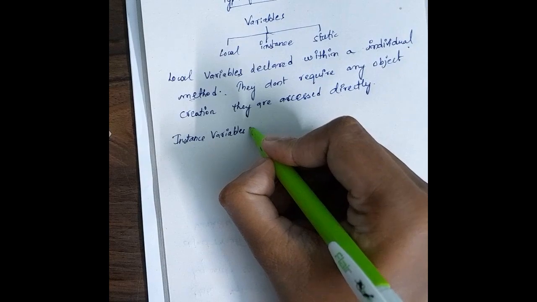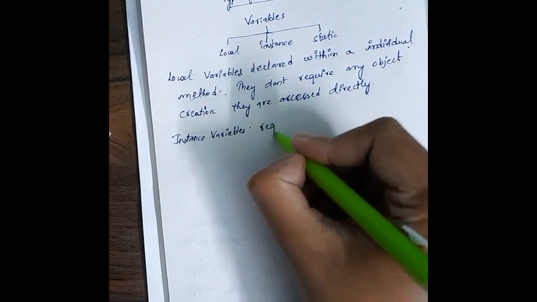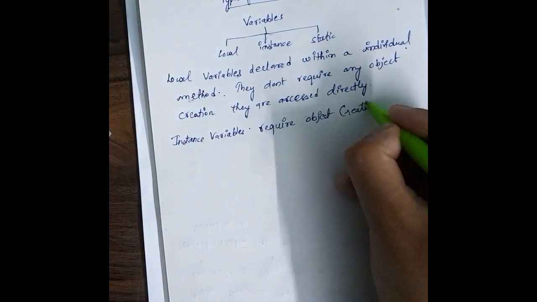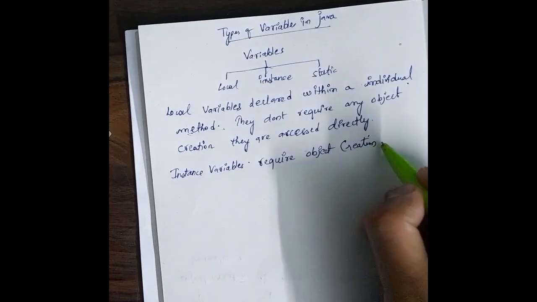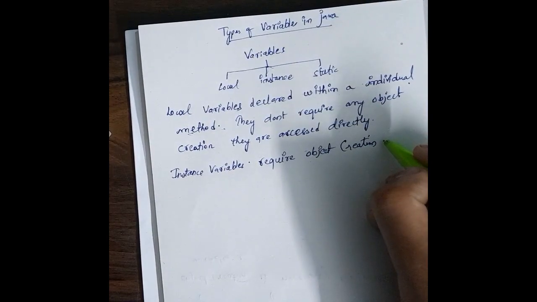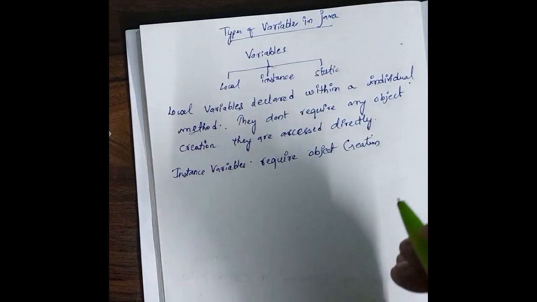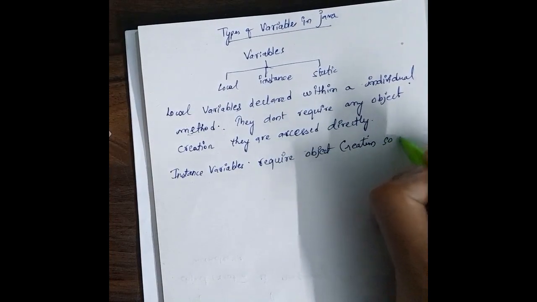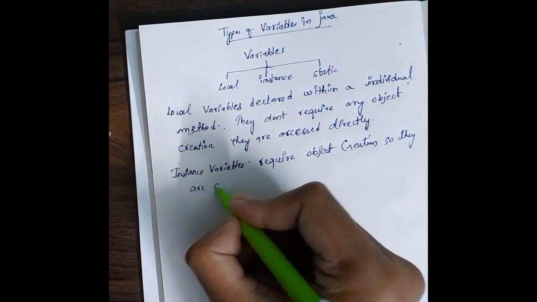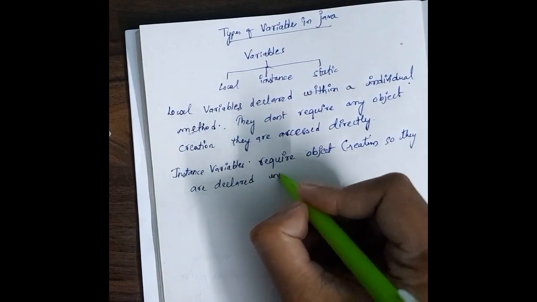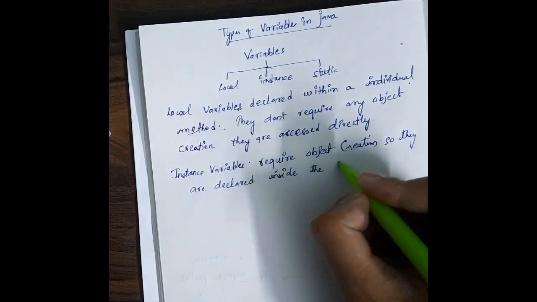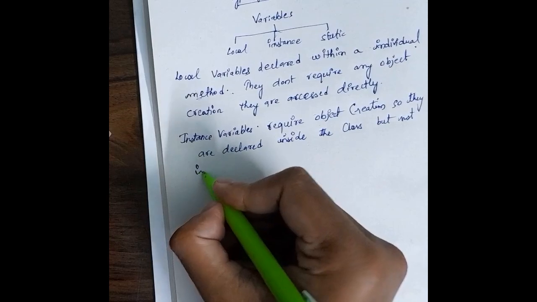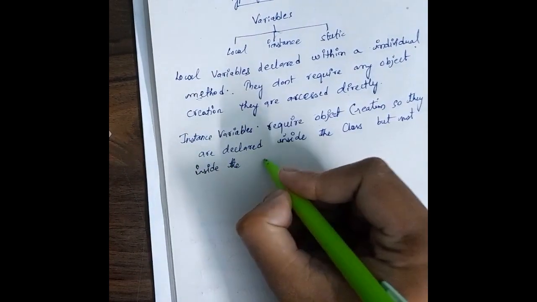So instance variables require object creation. Okay, so they are declared inside the class, but not inside the method.